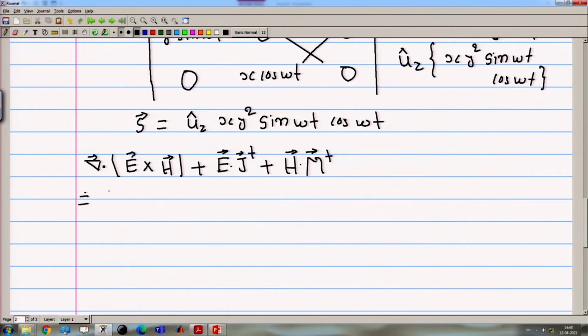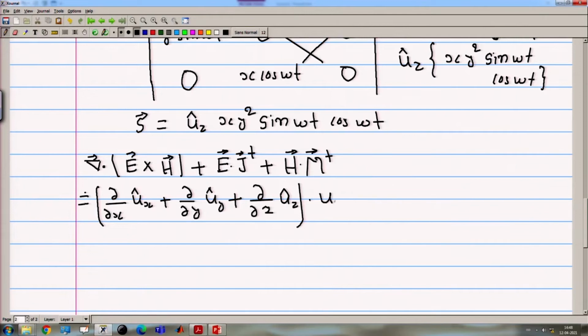Del is del by del x U x plus del by del y U y plus del by del z U z, and this is dot product with E cross H, which we already found: U z x by a square sin omega t cos omega t.